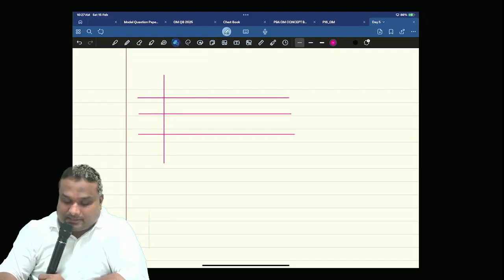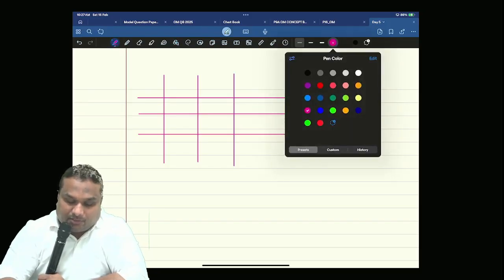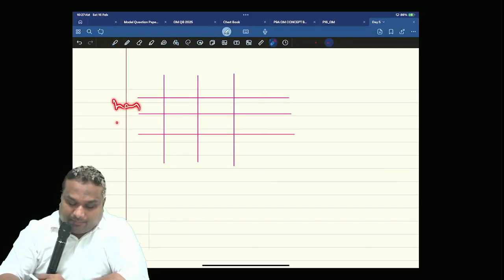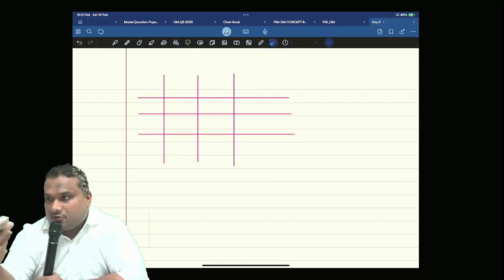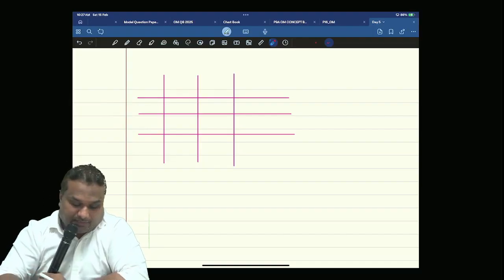First product is Lamp A. Second product is Lamp B. Now we have two people, one is the cutter and another is the finisher. Should I write Lamp A and Lamp B on this side or here? Any side you can write, your choice. You want the left side, correct?